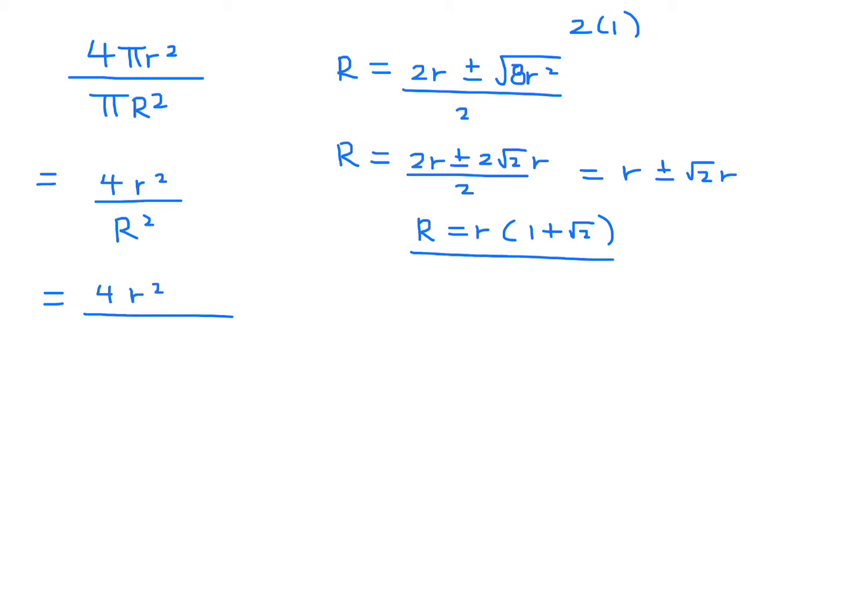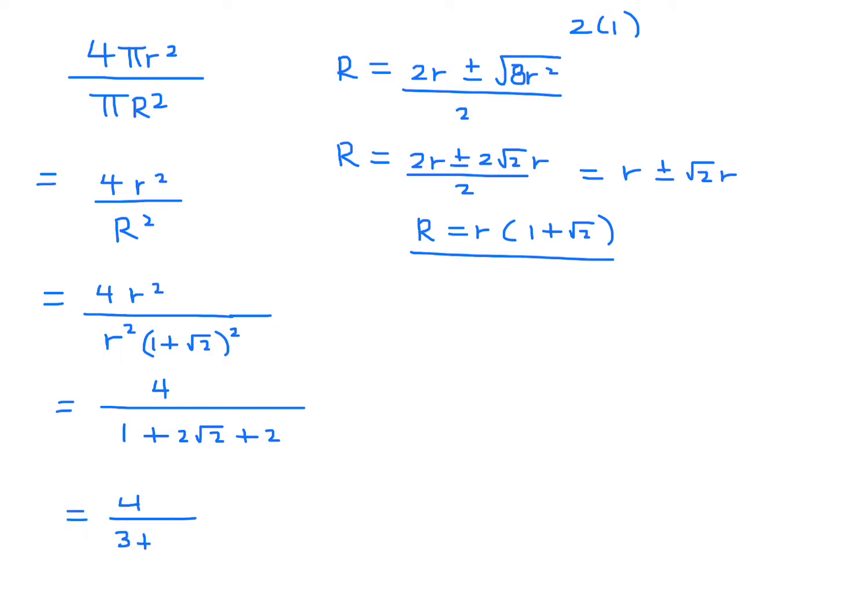So instead of big R, I can put small r times 1 plus root 2, all squared. And then the good news is the r's cancel, so we're just left with a numerical value. If I expand that, it's going to be 1 plus 2 root 2 plus 2, and that is 4 over 3 plus 2 root 2.